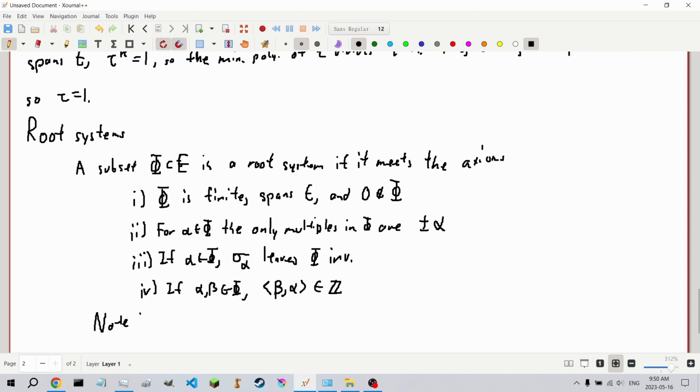Note that we have redundancy. For example, both 2 and 3 imply that phi is closed under negation.